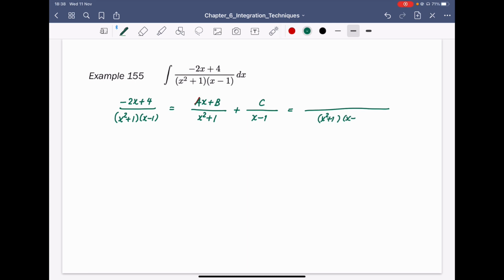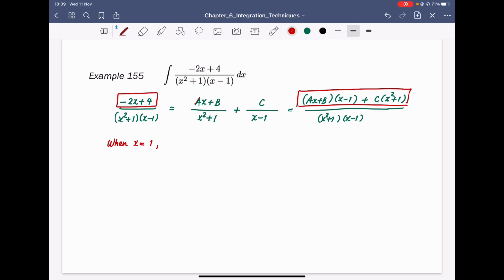All right, so we have ax plus b times x minus 1, and then plus c times x squared plus 1. All right, so first of all, we are going to solve for c first, because you can see now that negative 2x plus 4 and that term that I boxed are equal to each other. So we're going to plug in when x equals 1.